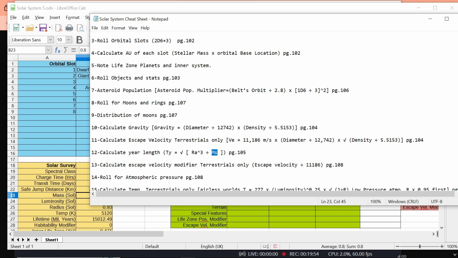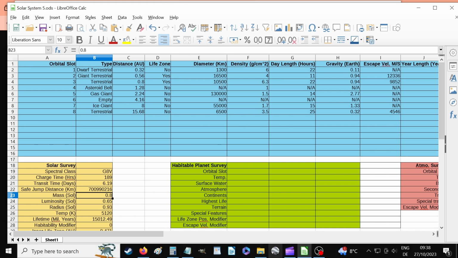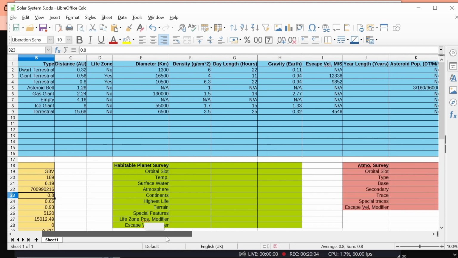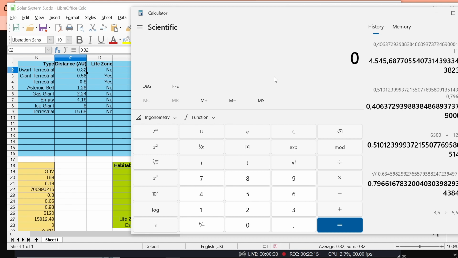All right. So we take the radius and we cube it. This is for year length. We take the radius of the first planet, no, not 0.032, 0.32.